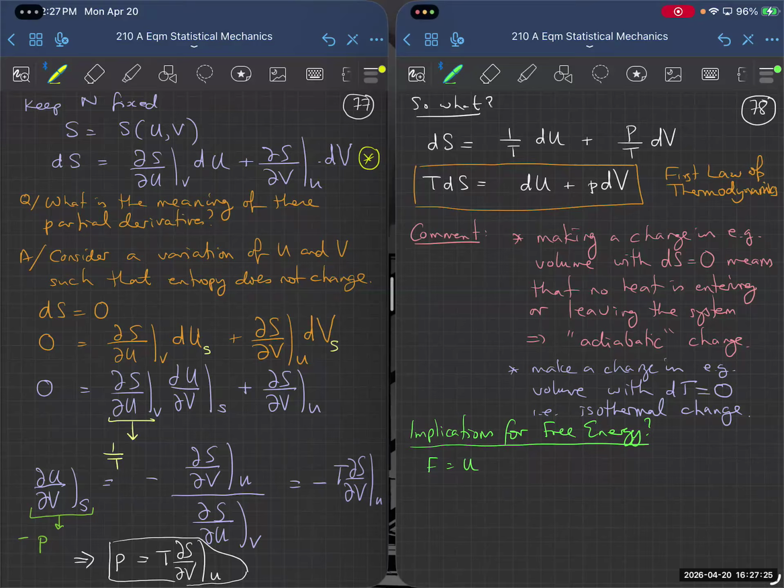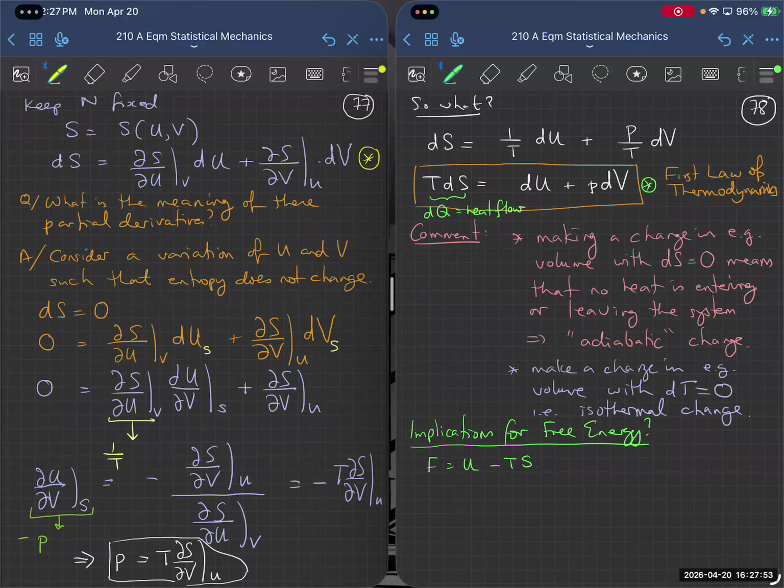That's defined as U minus TS. And now I know this first law of thermodynamics, which is the thing up here. By the way, this TdS is usually in thermodynamics called dQ, which is the heat flow. So when you've done your undergraduate thermo course, that's what you called it, dQ. So let's now see what this means for the free energy.